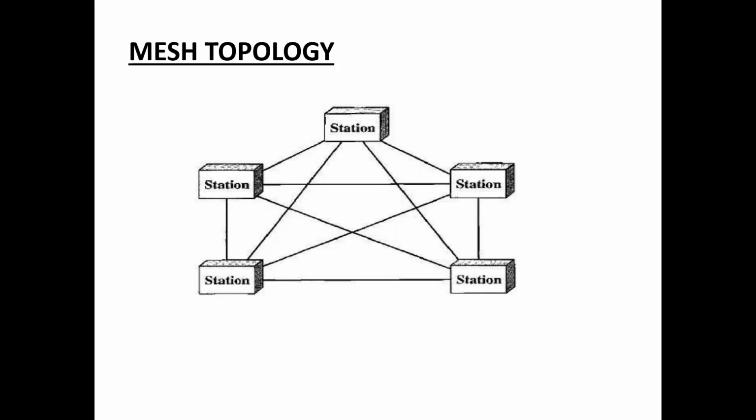That means more cables are required to connect the devices. Why? Because every device is connected to all the other devices in the network. That is the disadvantage of mesh topology.